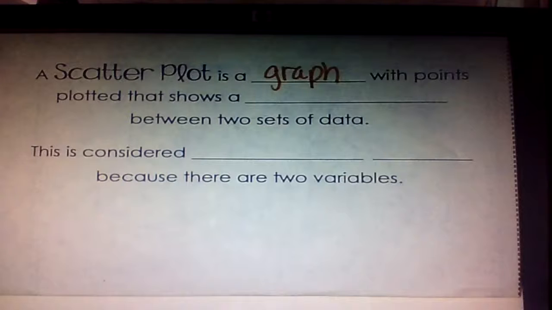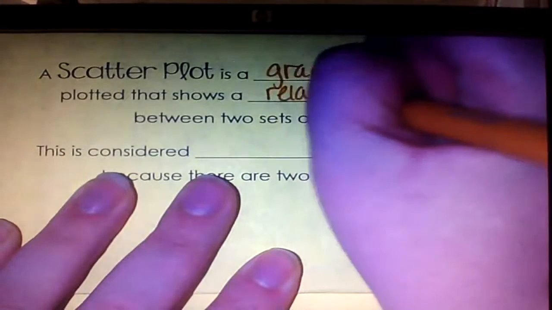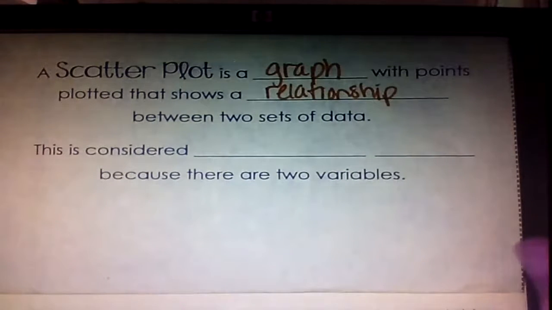Let her alone. A scatterplot is a graph with points plotted that shows a relationship between two sets of data.